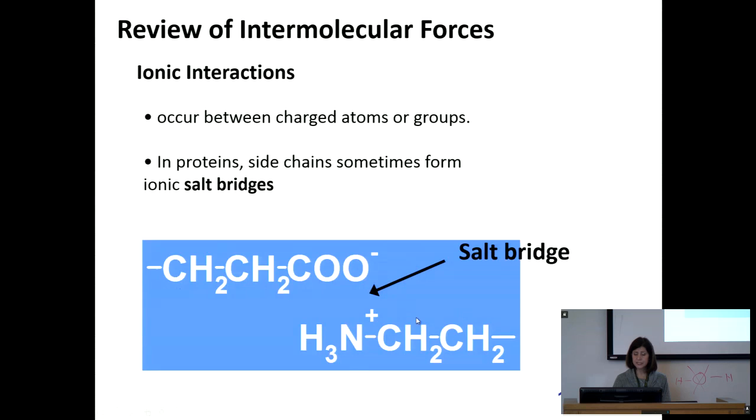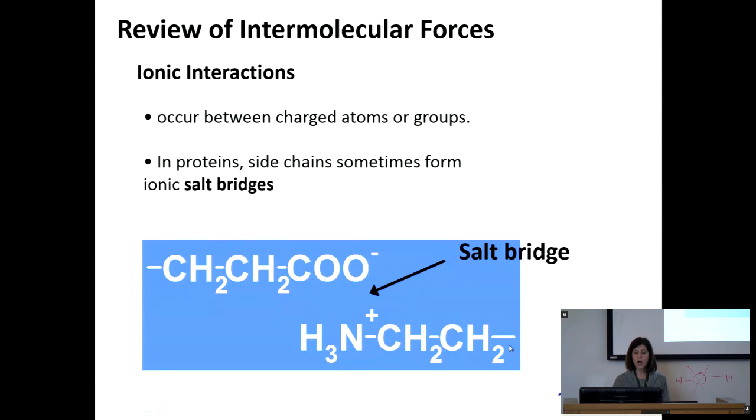If this protein is at neutral pH, then the acid will have donated its proton and the base will have accepted a proton. So the acid's going to be negatively charged and the base is going to be positively charged. So we call it a salt bridge. Salt bridges are very important in our protein interactions.